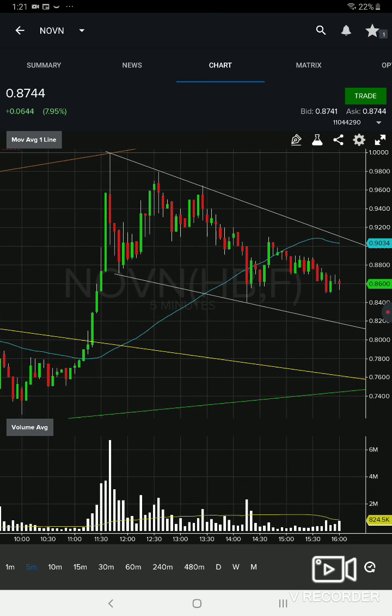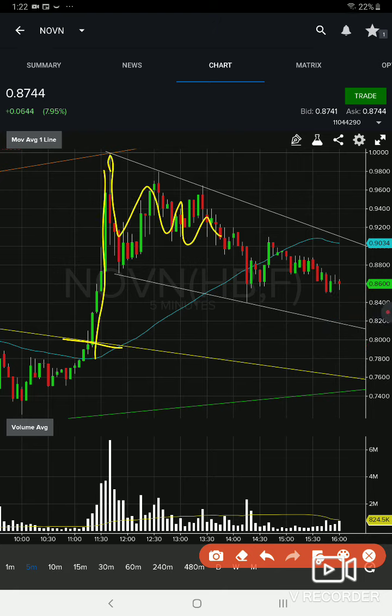So after the stock broke this yellow resistance here, it shot up, and it started forming a flag. I called it a bull flag, and I was really thinking the stock was going to turn around right here and break out of a bull flag.